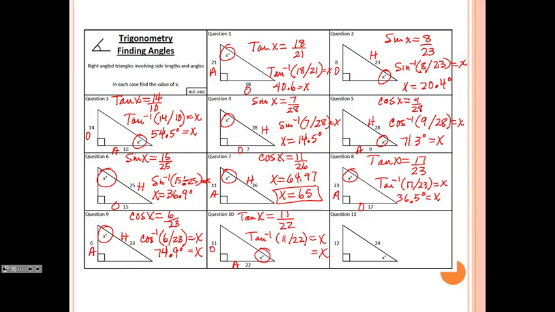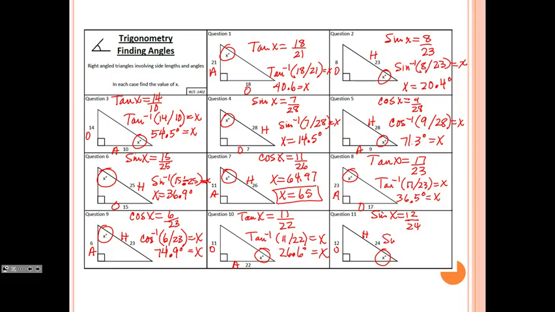So x equals 26.6 degrees, okay? All right, this one's going to be opposite, hypotenuse, that's going to be the sine, is 12 over 24, okay?